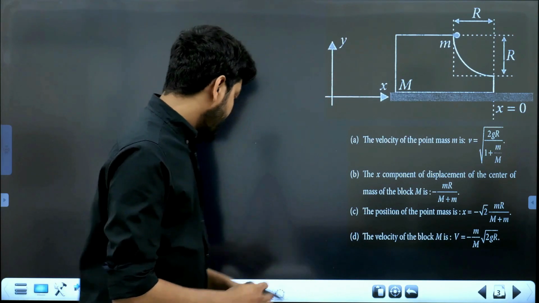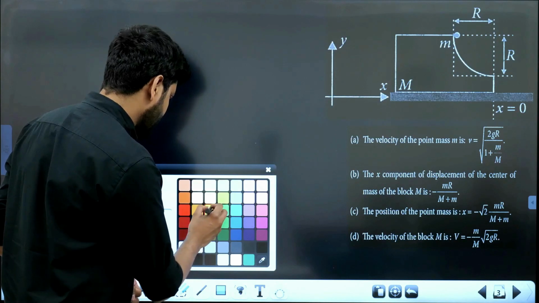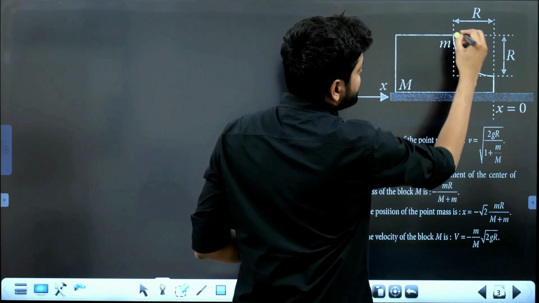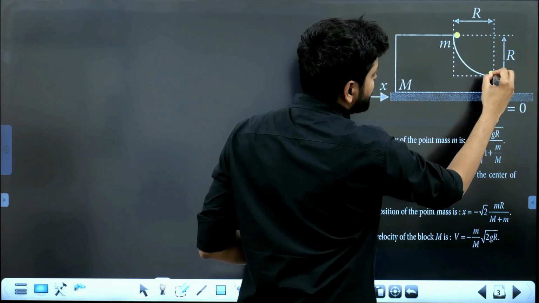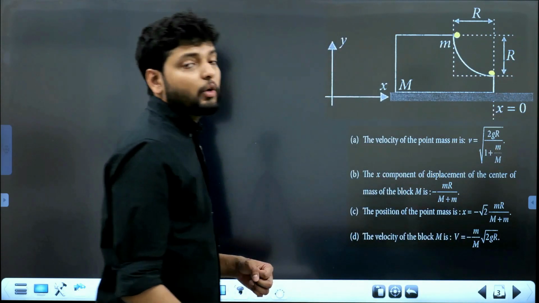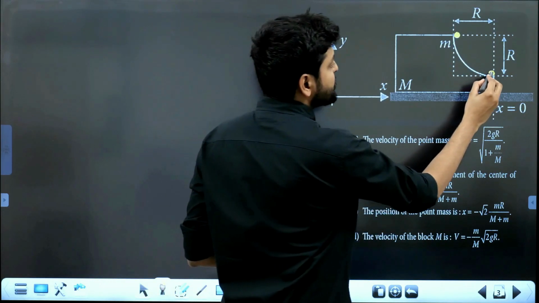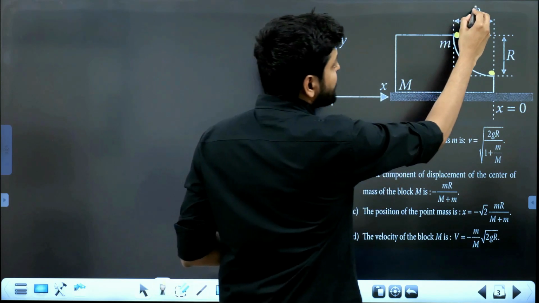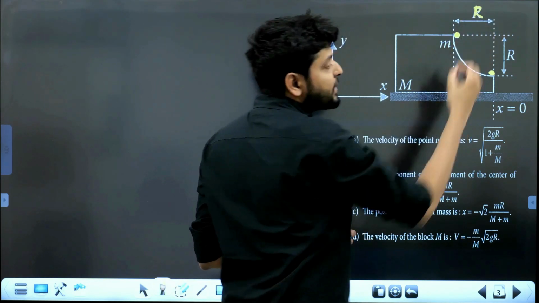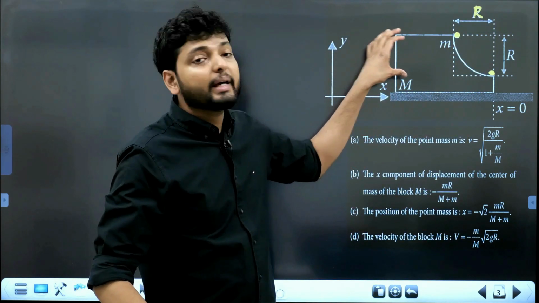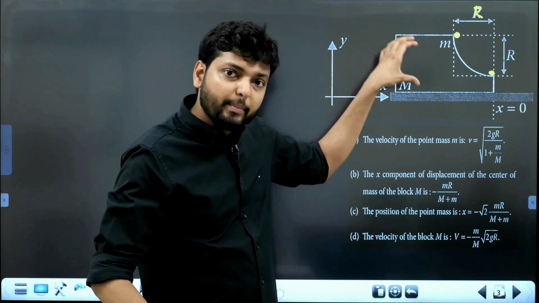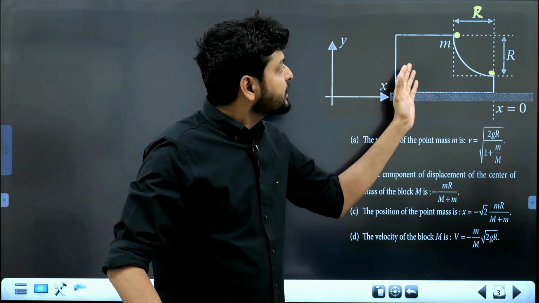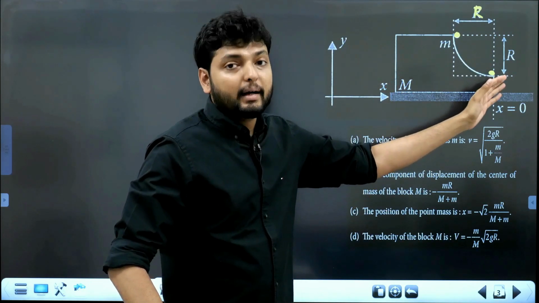So now I have to assume, right? I am assuming that when the point mass slides down and reaches the lowermost point, it has been displaced by r, but this displacement r is with respect to the bigger block. So with respect to the bigger block, the smaller point mass has been displaced to the right by r.